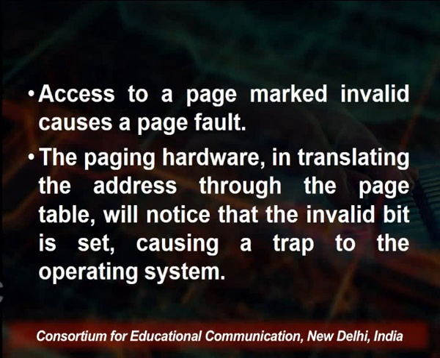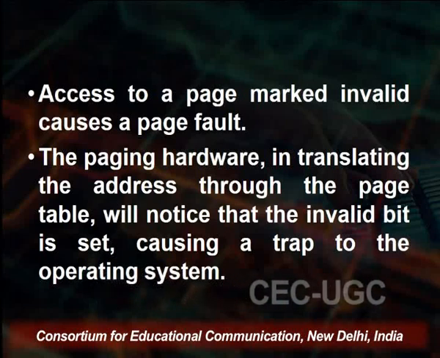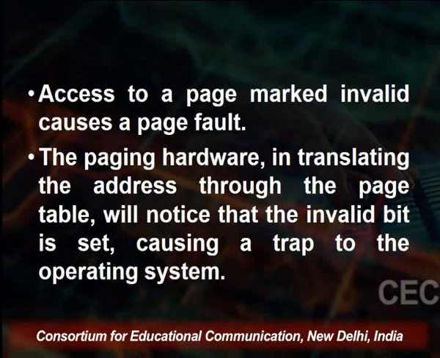But what will happen if there is an access to a page which is marked invalid? That is going to cause an interrupt or a particular condition that is known as page fault. And now the responsibility of the system is to handle this page fault. That means the page is not available.